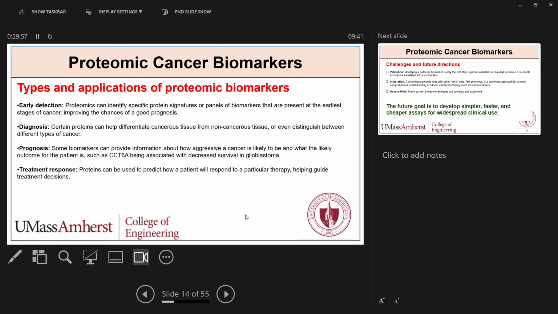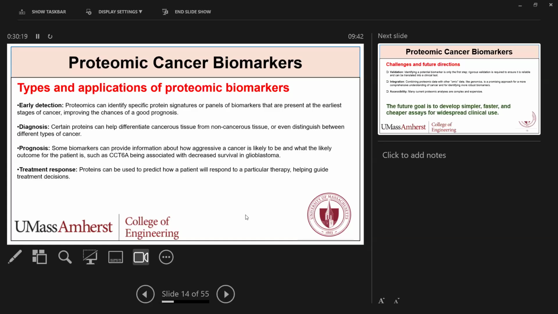Yeah. So, types and applications of proteomic biomarkers. Early detection, as I mentioned, is where they are widely used. It's an amazing idea to use these protein biomarkers for the detection of cancer, I personally feel.